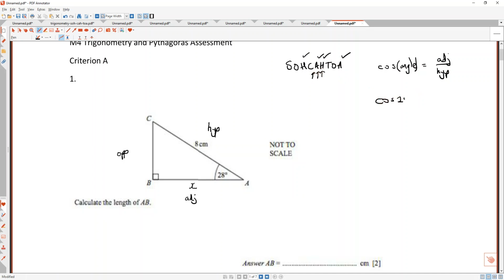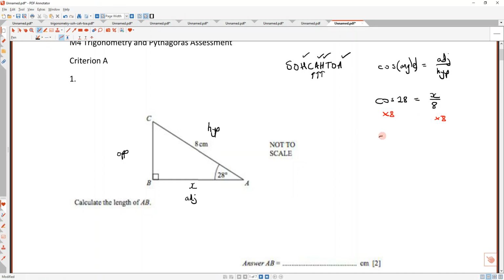So cos of 28 equals adjacent over 8. Okay, what is the 8 doing to the x? Okay, it's dividing, so if I want to bring it over, I have to multiply. So I'm going to multiply both sides by 8.